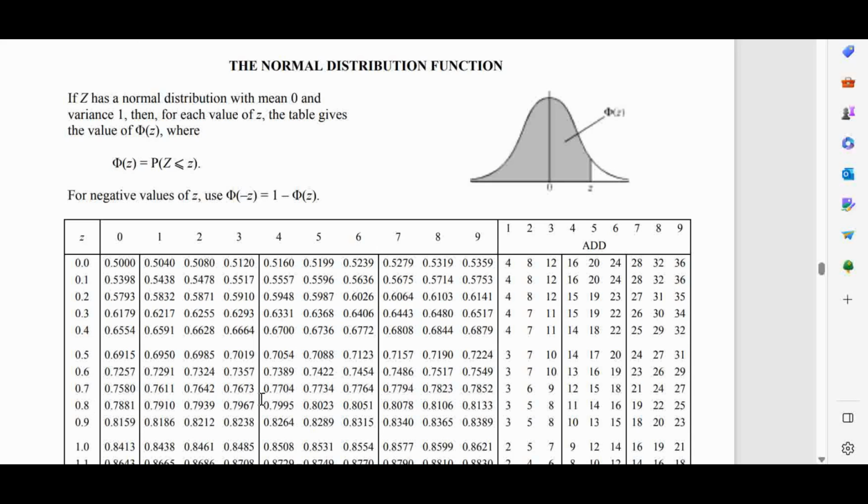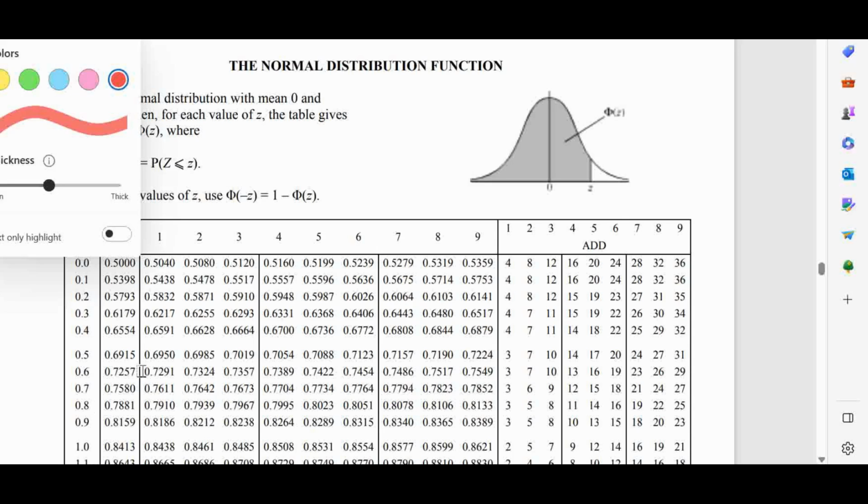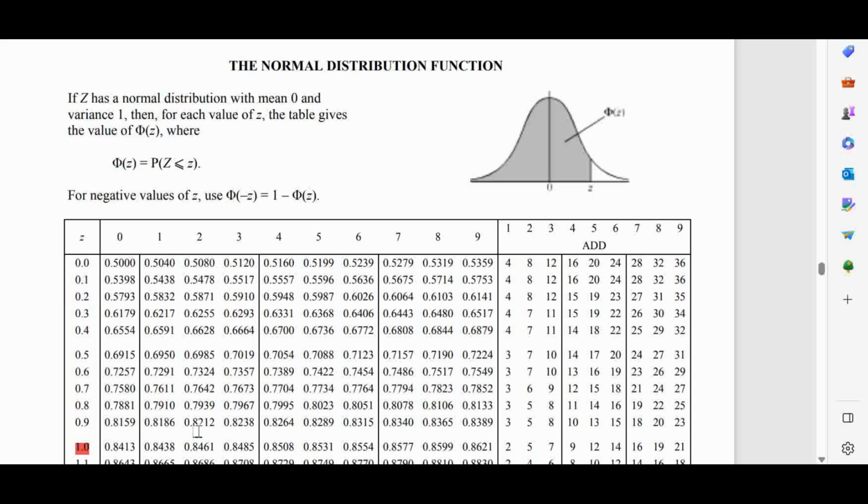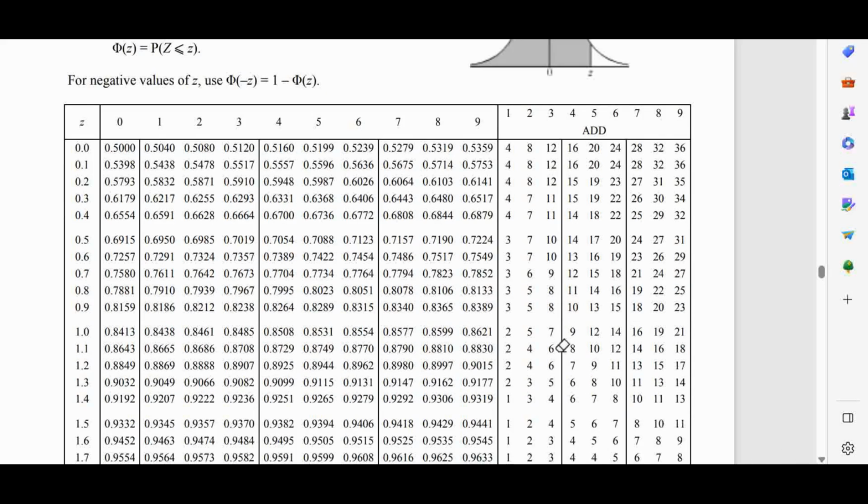1.393. So where is 1? This is 1. 1.3, we have to follow 1.3. So this is 1.393, so this is 9 and this one is 3. So 0.9177 plus 0.005.